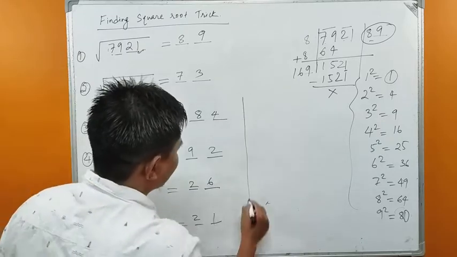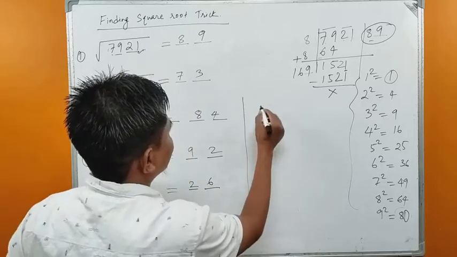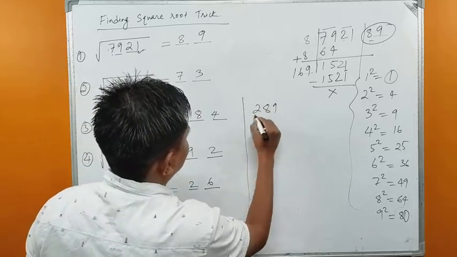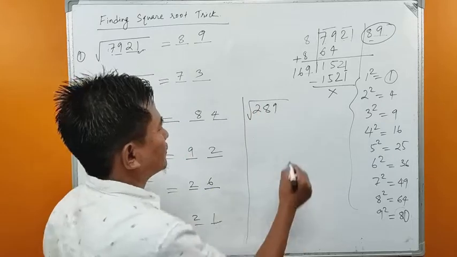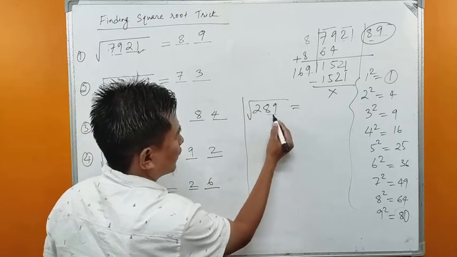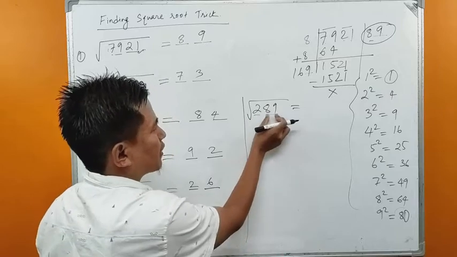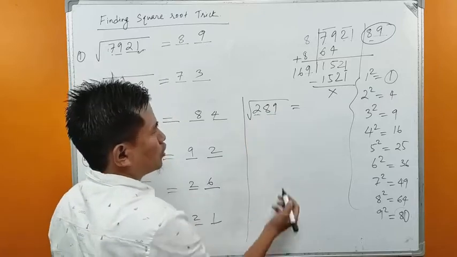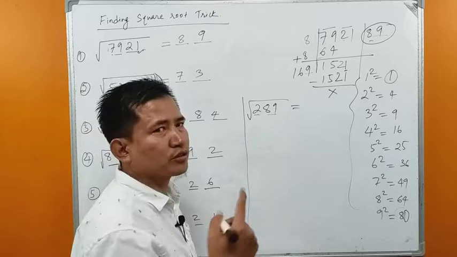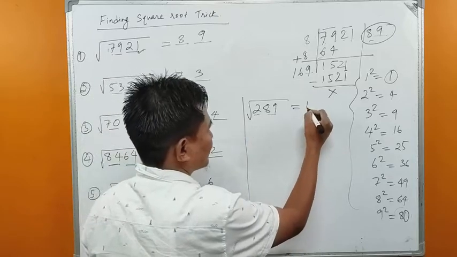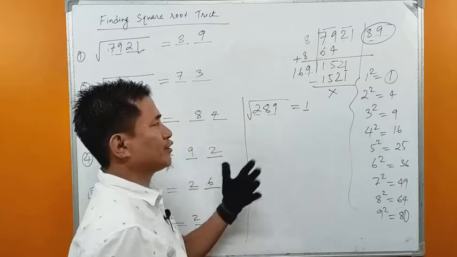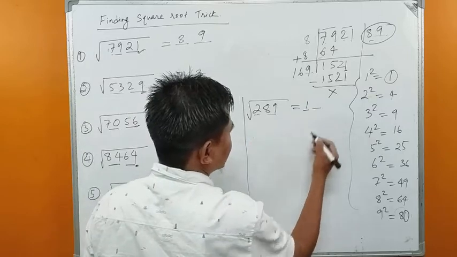Now let me give one more example. 289. The square root of 289: we divide this into two parts, first and second. Okay, we make pairs from the last. 2, so 2 means 1 squared. That means 1 1 is 1, isn't it? The first digit is obviously 1. And what will be the second digit?